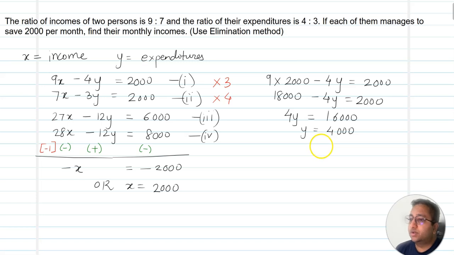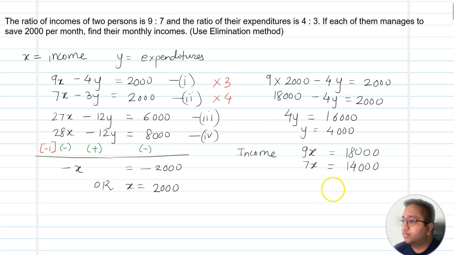Now I have got the value of x and the value of y. If we try to find out the income of the two persons, that is nothing but 9 into x, which is 18,000 for the first person, and 7x for the second person. So 7 into 2000 is 14,000.